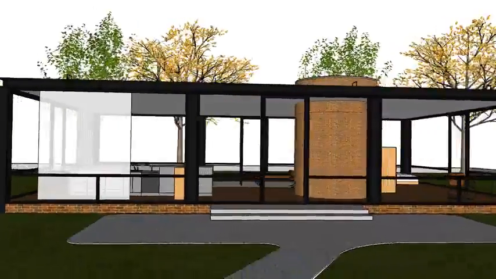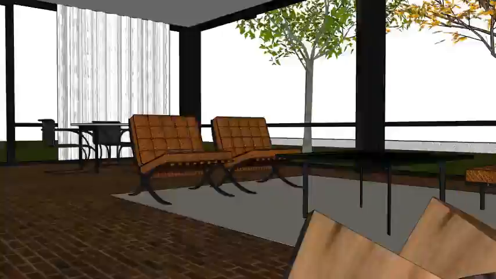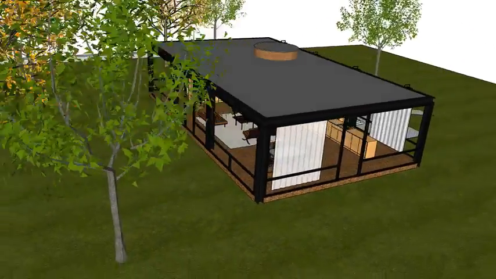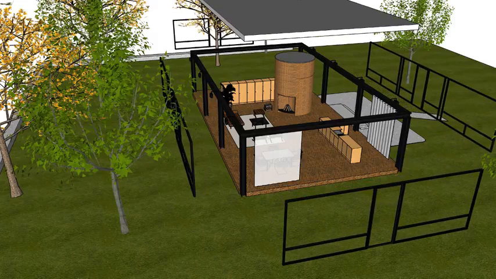This three-dimensional model is not a replica of the actual structure. It has been modified to suit our purposes in this lecture. The roof and the glass walls of the house are supported by a steel skeleton consisting of 4 beams and 8 columns.